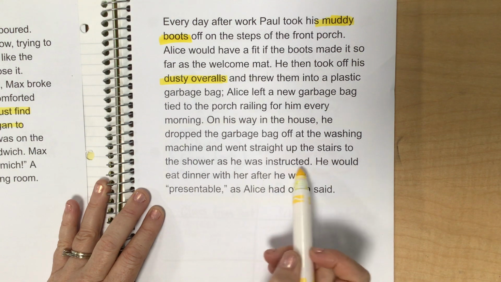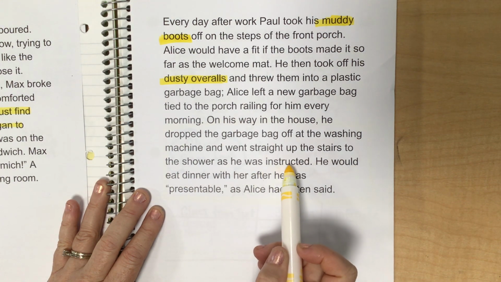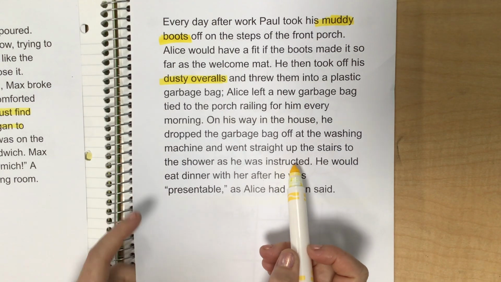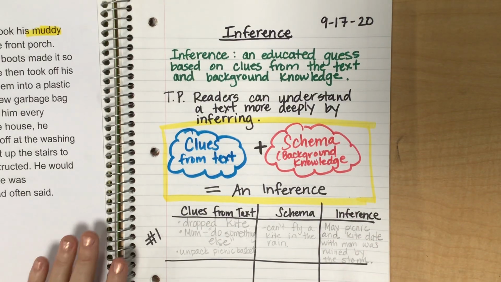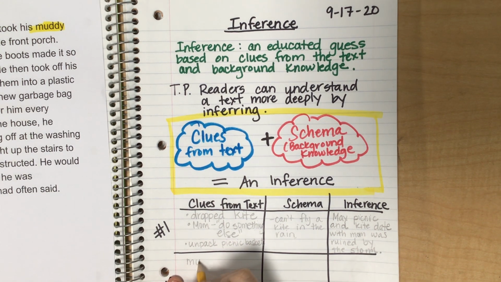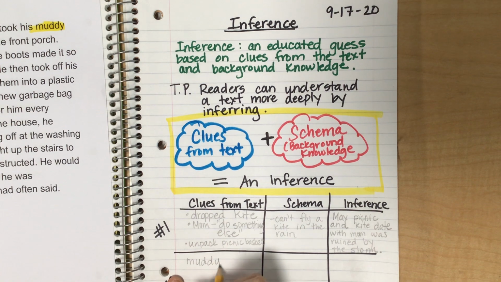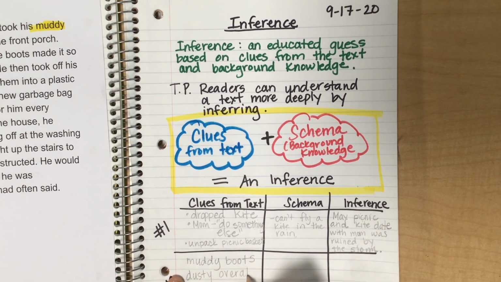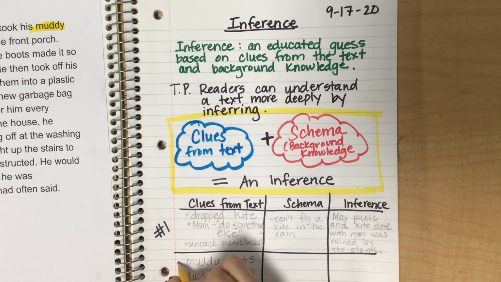Ooh, I can infer that Alice is kind of in charge and making the rules, and he has to follow those rules, right? Okay, so let's see. Clues from the text. I found that he had muddy boots, if I was trying to figure out what he did for work, and dusty overalls, right?